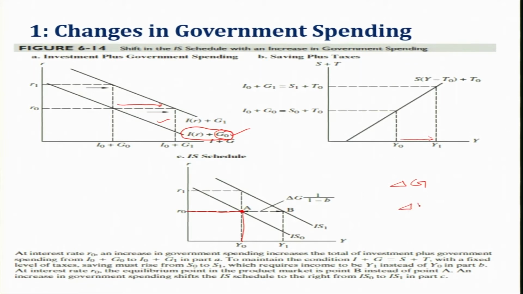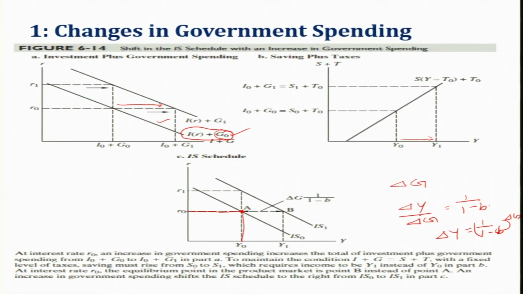You can see that del Y by del G is equal to 1 by 1 minus B. So del Y is equal to 1 by 1 minus B times del G. This is what we have seen in the equation.